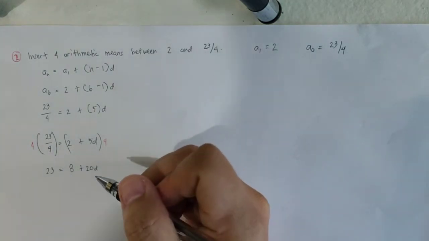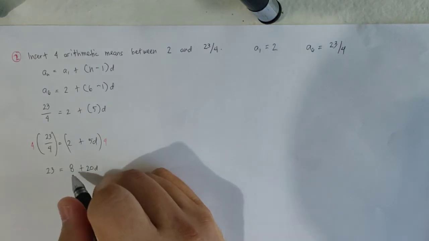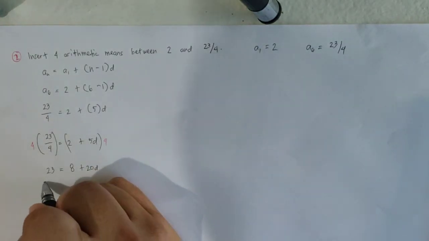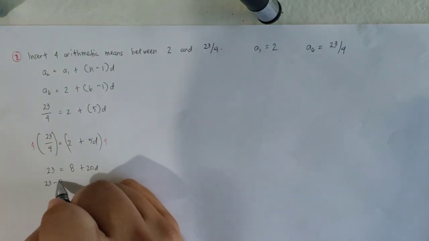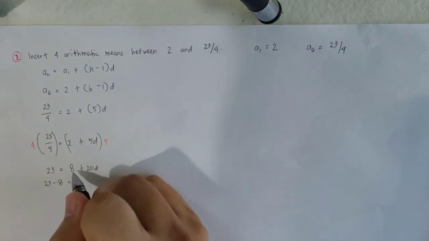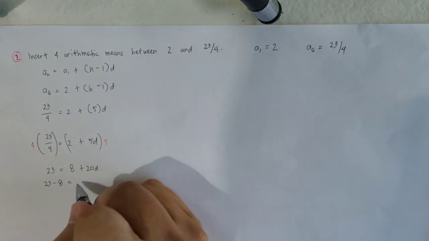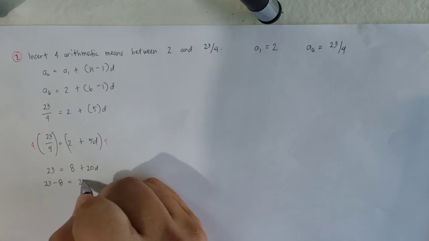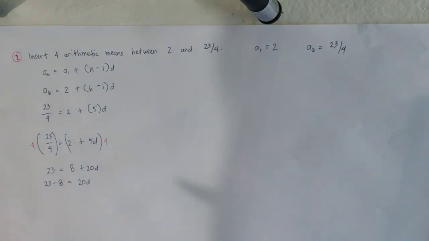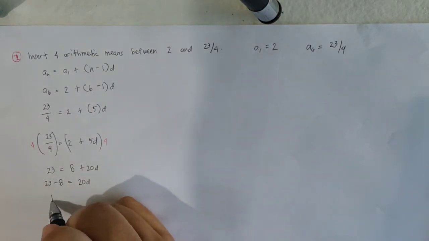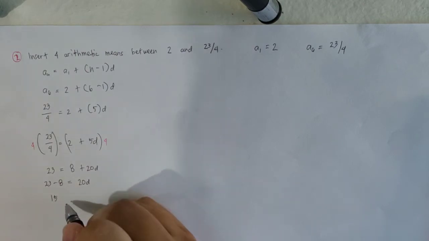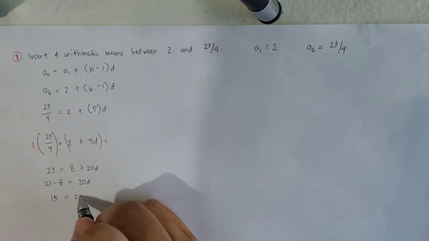Yan naman, APE, para yung 8 malipat sa kabilang side ng equation. So, magiging 23 minus 8 equals, cancel pala na to, and ang matitira na lang is yung 20d. 23 minus 8 is 15 equals 20d.